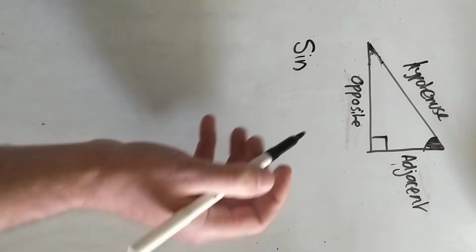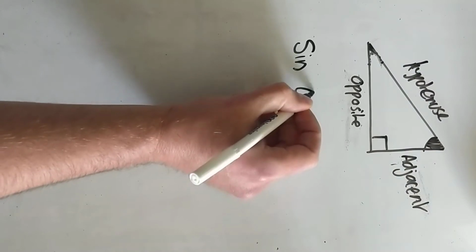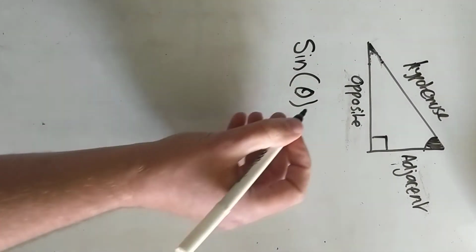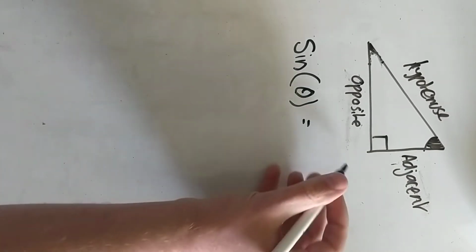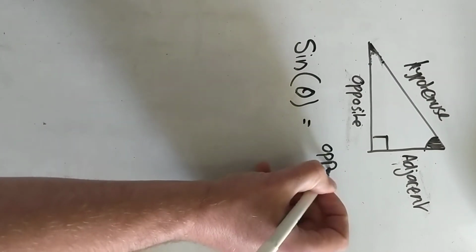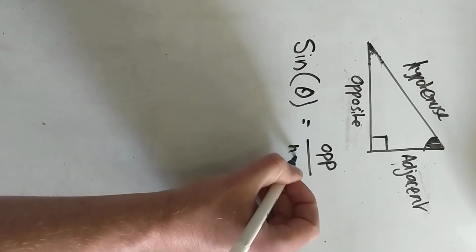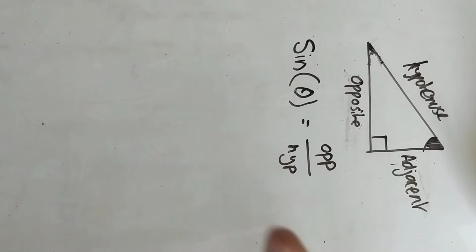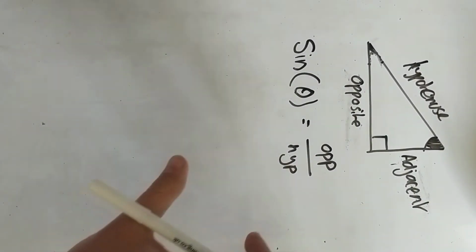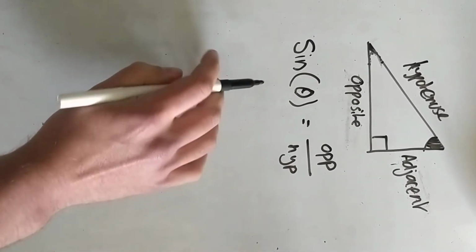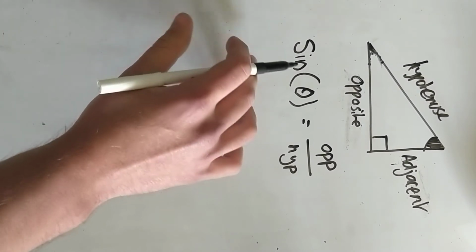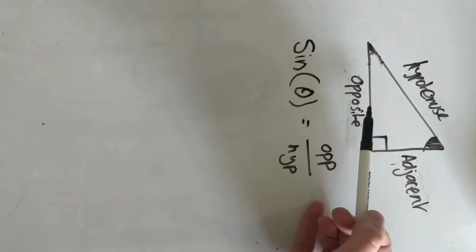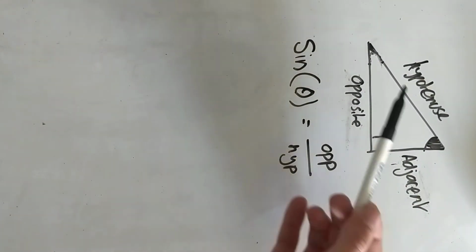Sine of the angle, and that's what that symbol means, is equal to the opposite over the hypotenuse. I can go through an example and it'll probably make more sense. But sine, the button that you press on the calculator, of the angle is equal to the opposite over the hypotenuse. So that relates to these two sides depending on where the angle is.